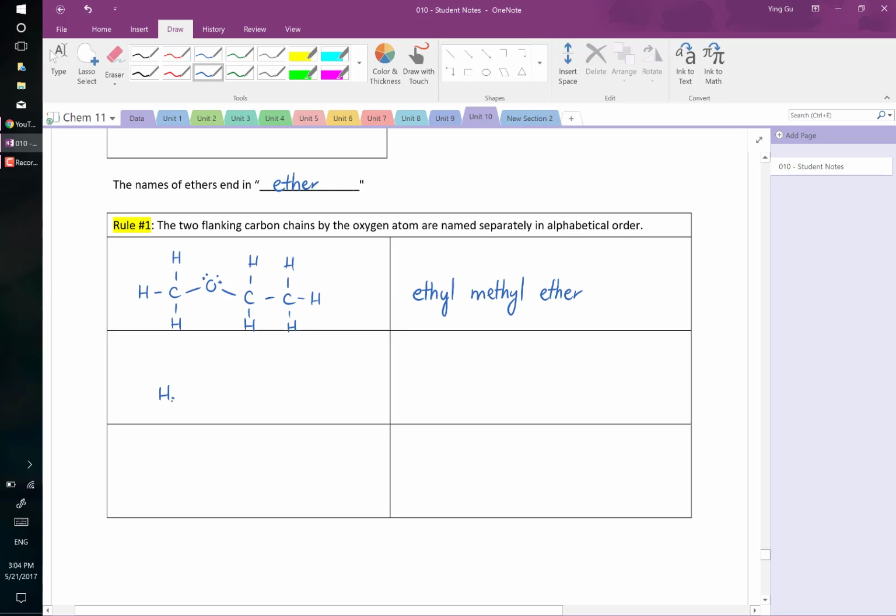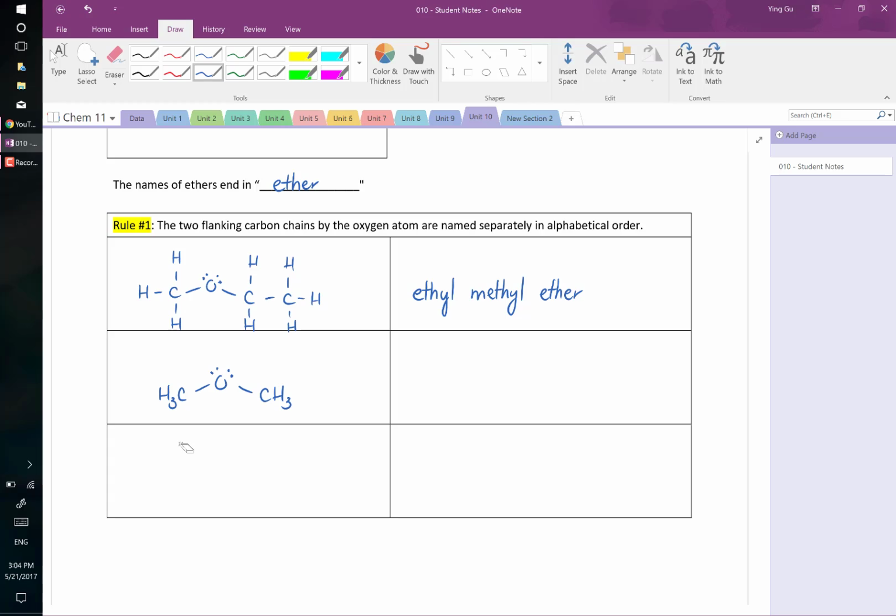Let's do another one. Sometimes you see methyl groups, CH3, written as H3C, and it's done because in the structure, it's more comfortable to join the bond here to the carbon and not the H's. So a lot of times when methyl groups are written on the left side, you'll see it flipped as H3C instead of CH3.